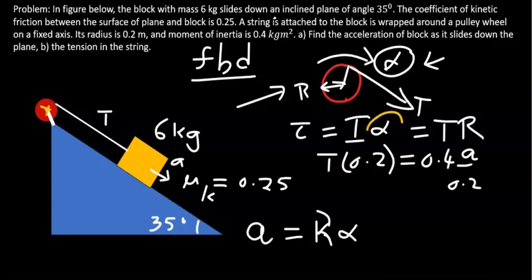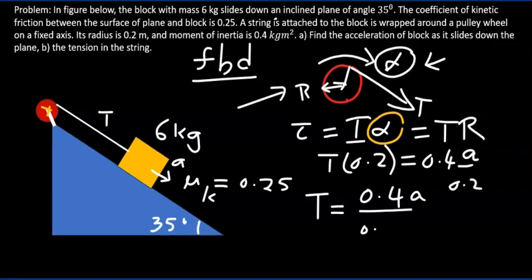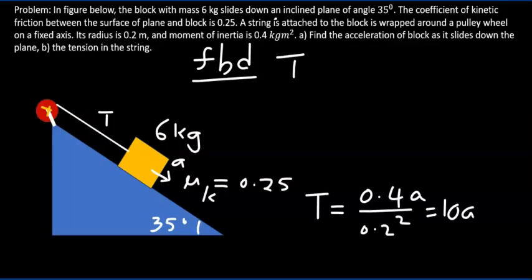Note, we have taken alpha from this equation to be A over R. So you see we get tension to be 0.4 times A over 0.2 squared, which is just 10 times acceleration. So that is the equation that we obtained from the free body diagram of that pulley. Tension equals 10 times acceleration, equation 1.